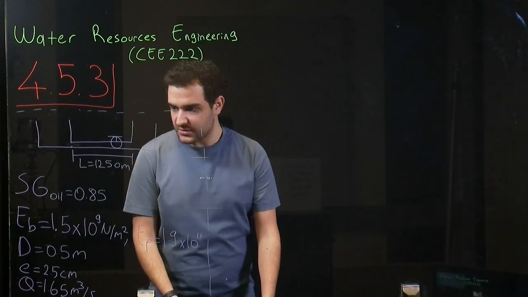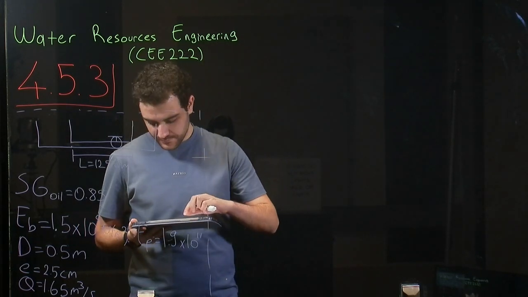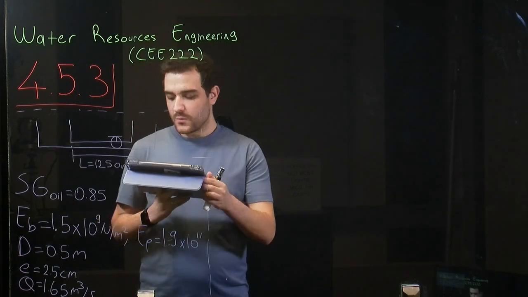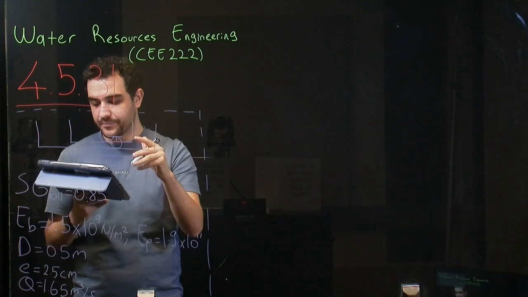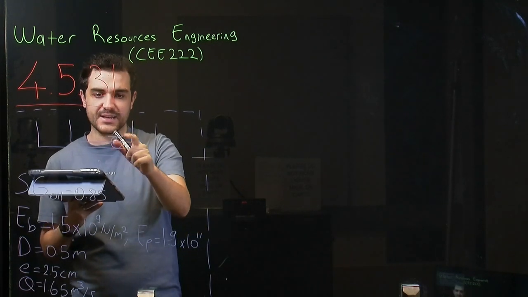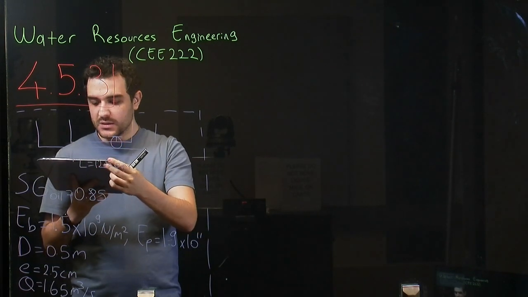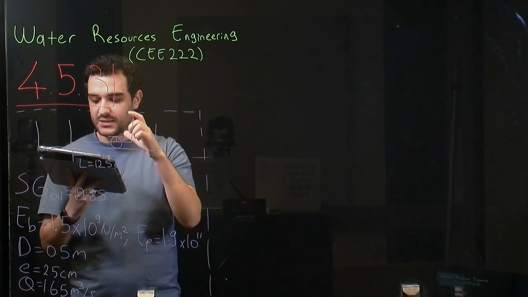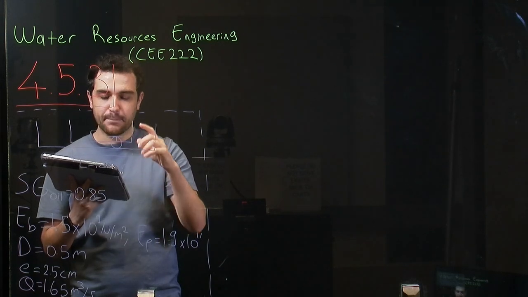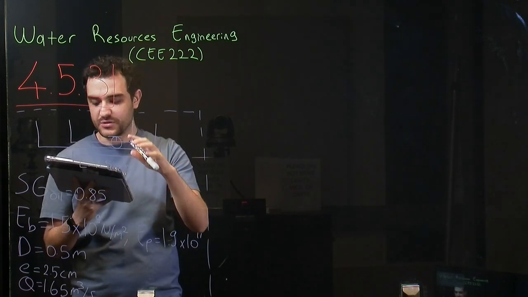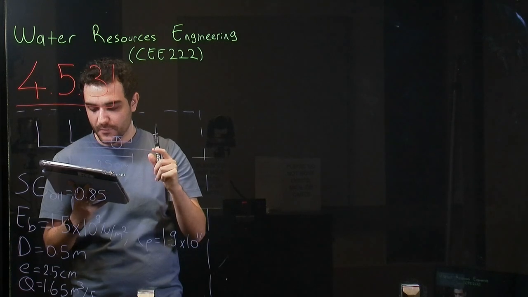So let me read the question first. We have a pipeline here, and inside of the pipeline we have oil, and here, as we can see, we have a valve. The question says that the pipeline must be closed rapidly when a leak is detected, but not so fast as to produce a large pressure rise.